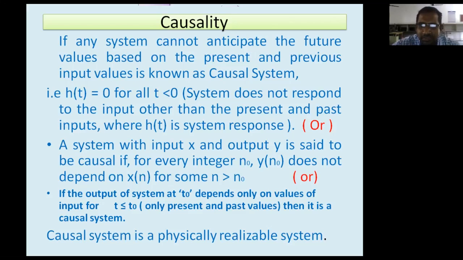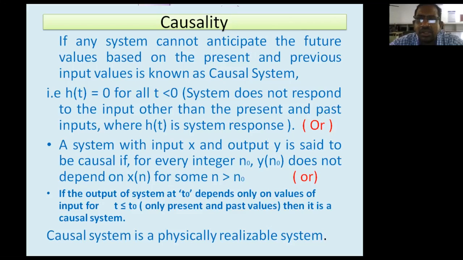So causal systems are basically physically realizable systems, because the user always wants the output after he gives the input, and he expects the output to be proportional to the applied input. Giving output for future values is something like a probabilistic system, which we normally use in artificial intelligence applications. But in ordinary, normal systems, all are going to be causal systems.